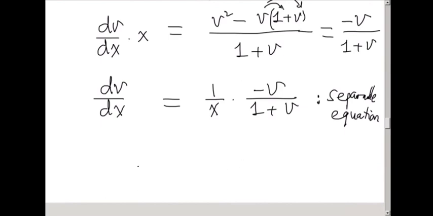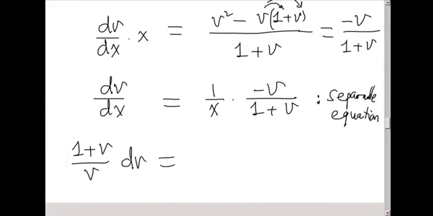So to do that, we could multiply both sides by dx, and then cross multiply, I should say, maybe an easier way to do it. Cross multiply. We have 1 plus v over v. There's a minus sign, but let me put the minus sign on the right hand side.